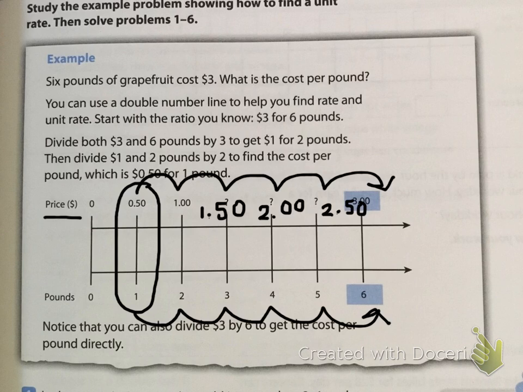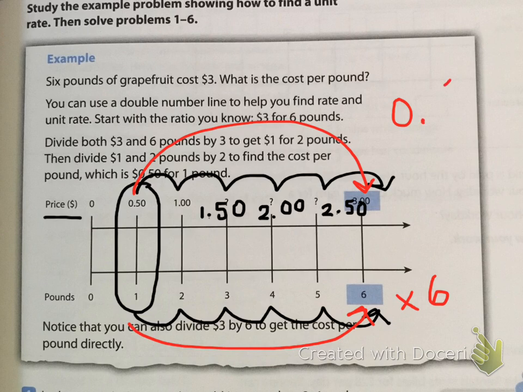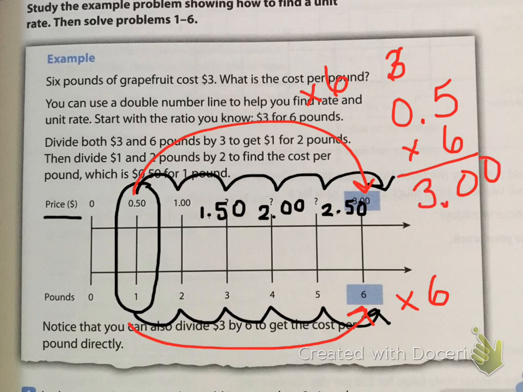So if we think about 1 times 6 is 6, we can also skip this way and say 0.50 or 0.5 without the 0 times 6 will also give us $3. Okay, we can add that extra 0 to make it money.